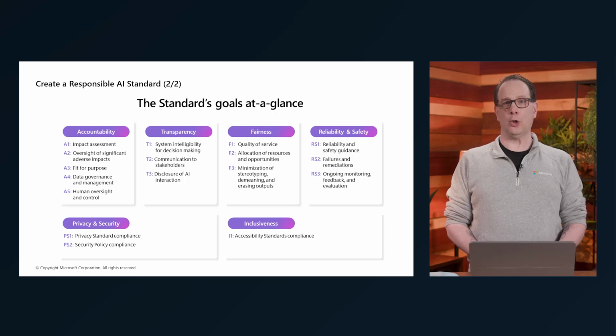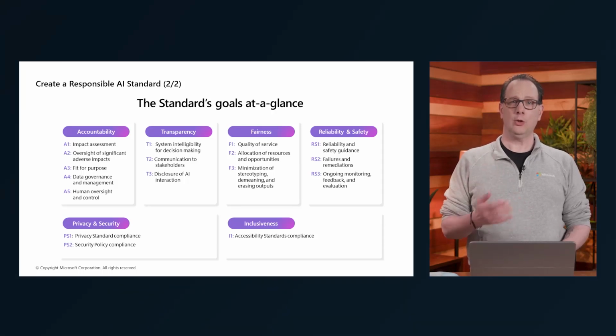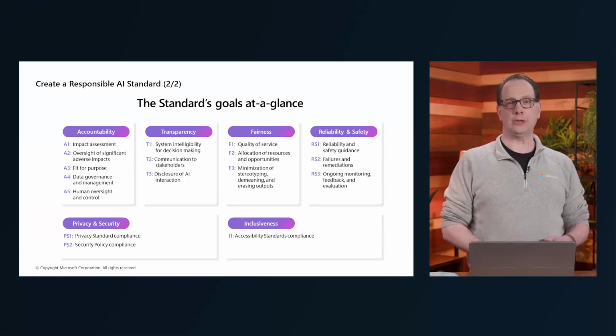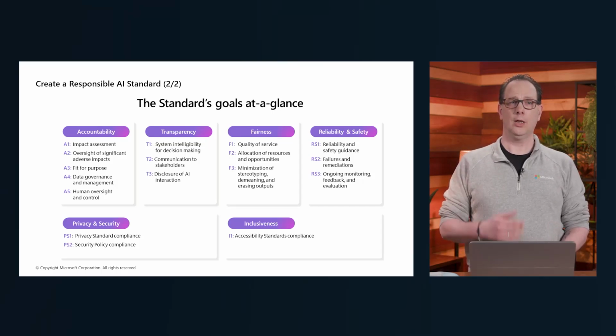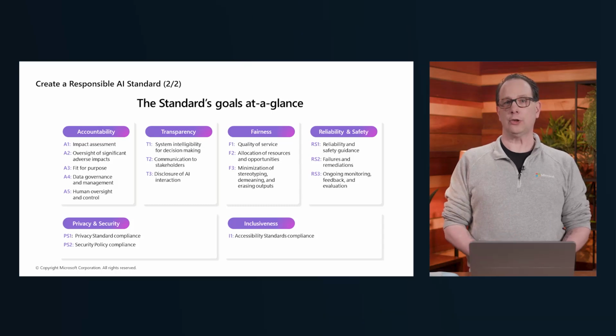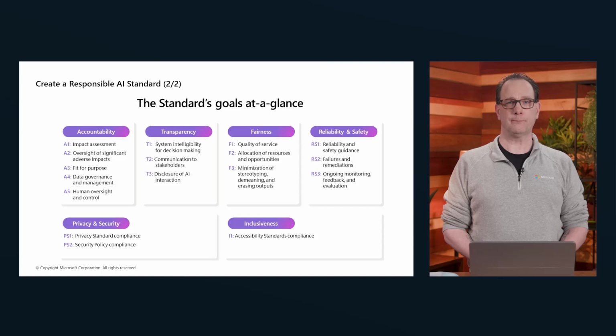Each goal is then composed of a set of requirements, which are steps that your team must take to ensure that AI systems meet the goal throughout the system lifecycle. And then finally, the standard also maps available tools and practices to specific requirements so that the Microsoft teams implementing have resources to really help them succeed.